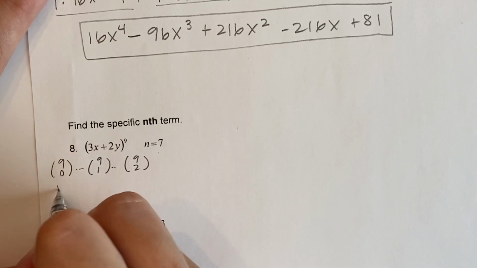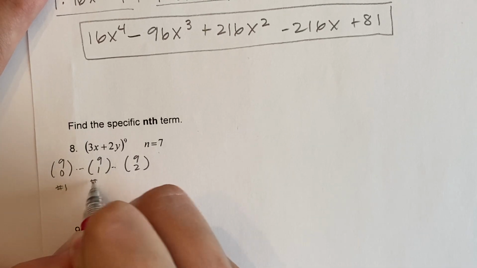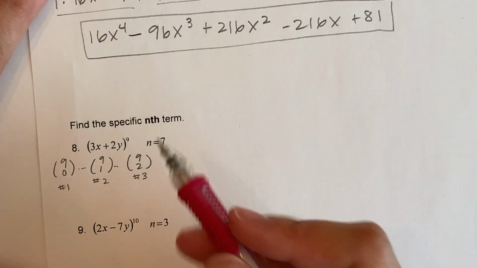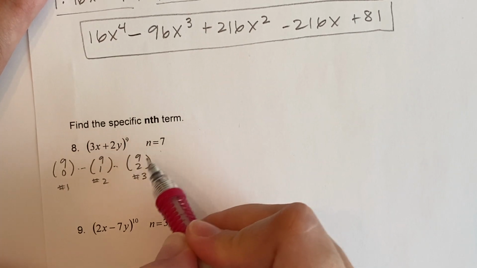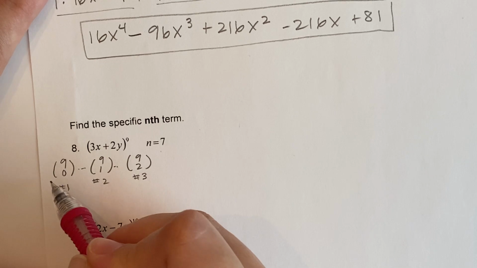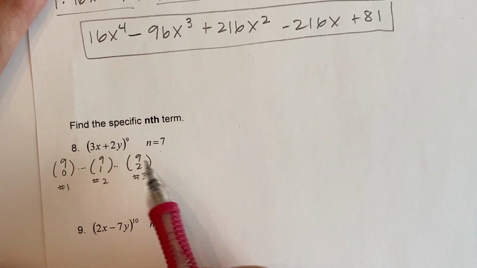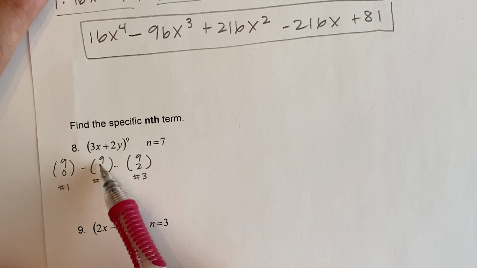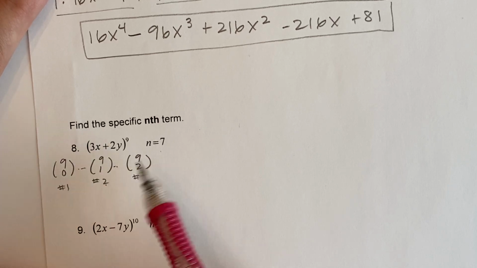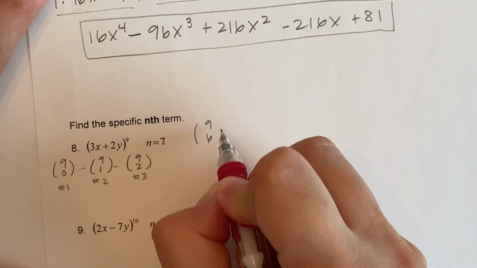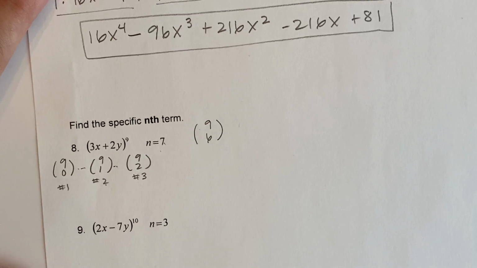So this is term number 1, this is number 2, and this is number 3. If we want the seventh term, that doesn't mean the number 7 is on the bottom. Because we start at 0, it kind of throws things off. So the number in your combination is 1 less than the term. So if I want the seventh term, then that means there's going to be a 6 here.